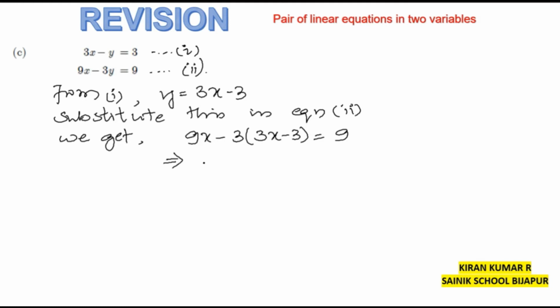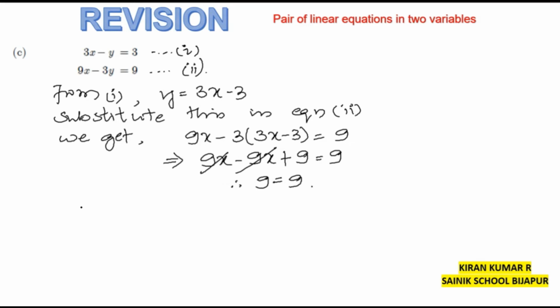This implies 9x minus 9x, minus of minus is positive 9, equal to 9. This gets cancelled. Therefore, we are getting the result as 9 equal to 9. If you look at this, the variable itself is getting cancelled.